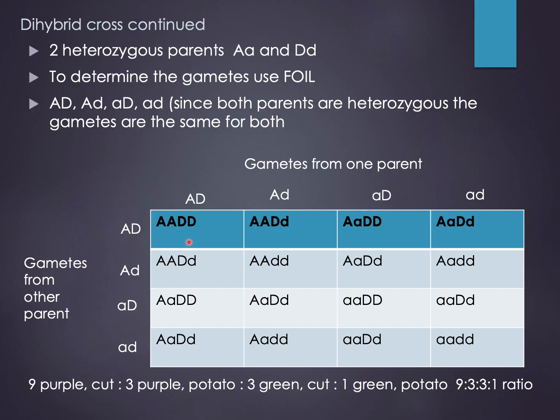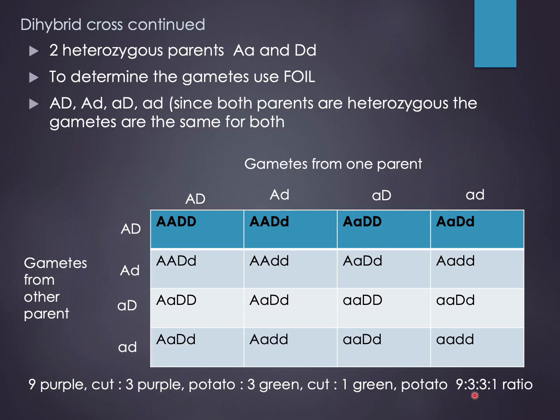Typically when you cross two heterozygous parents in a dihybrid, you're going to get this ratio, 9:3:3:1, meaning in this case you're going to have 9 purple cut leaves, 3 purple potato leaves, 3 green cut leaves, 1 green potato leaf.